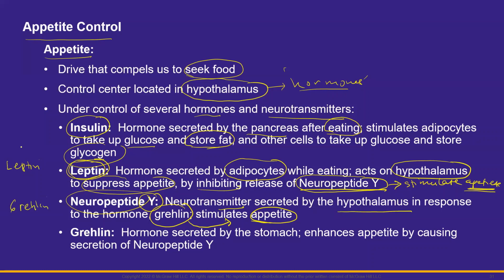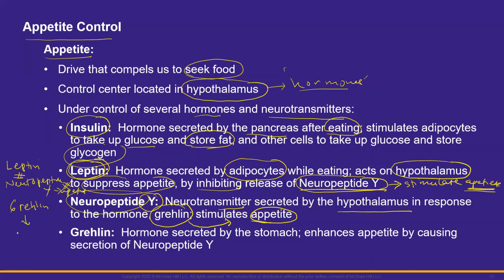Leptin inhibits neuropeptide Y, therefore it inhibits appetite.